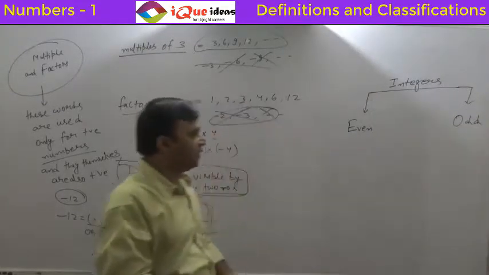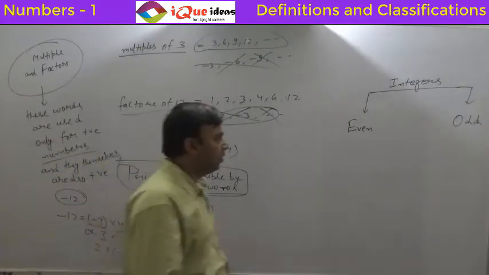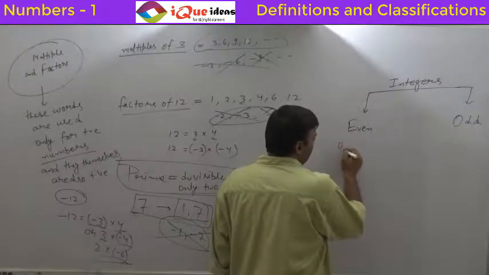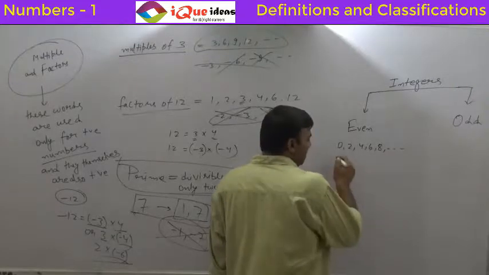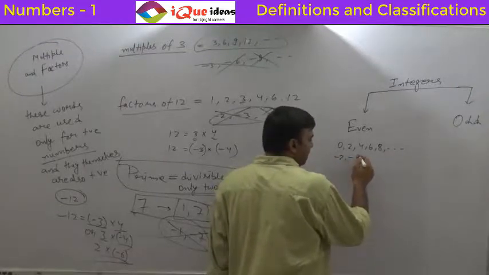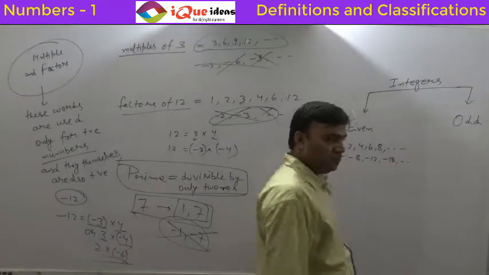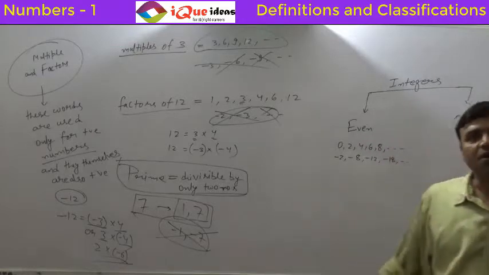The examples of even numbers are 0, 2, 4, 6, 8, 10, 12, minus 2, minus 8, minus 12, minus 18 and so on. So positive, negative, 0, all of them can belong to even numbers.